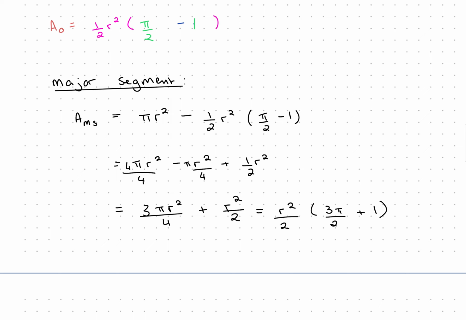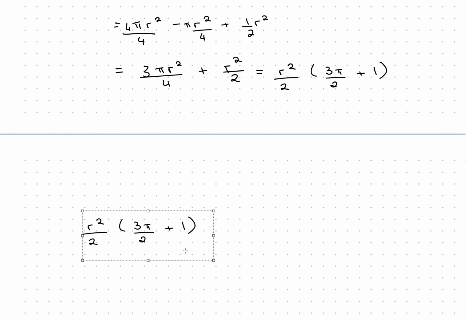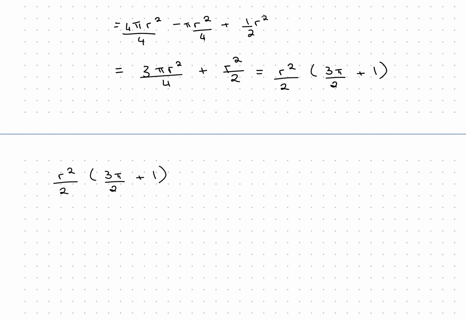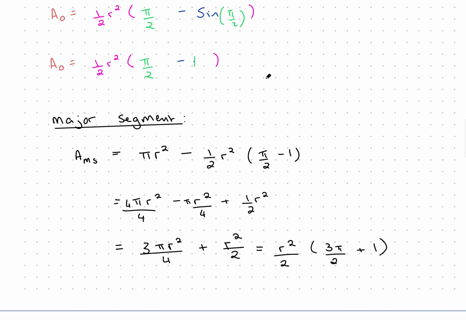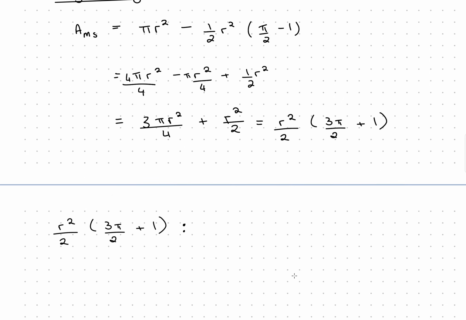So it's going to speed up the next step, because this I'm going to take down here. This was the major segment. I'm going to say that compared to our minor segment, which we worked out earlier on.